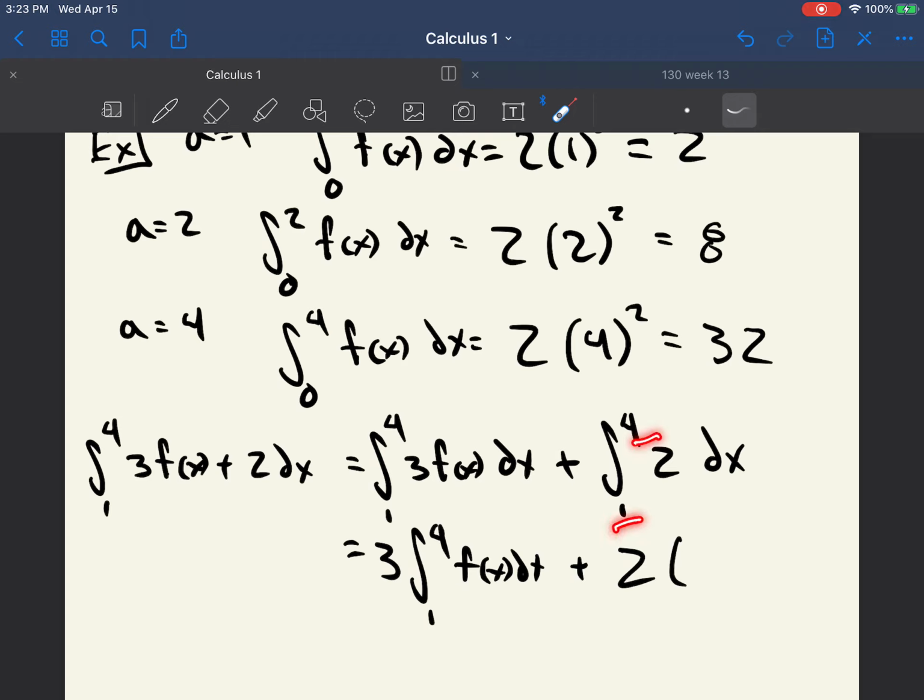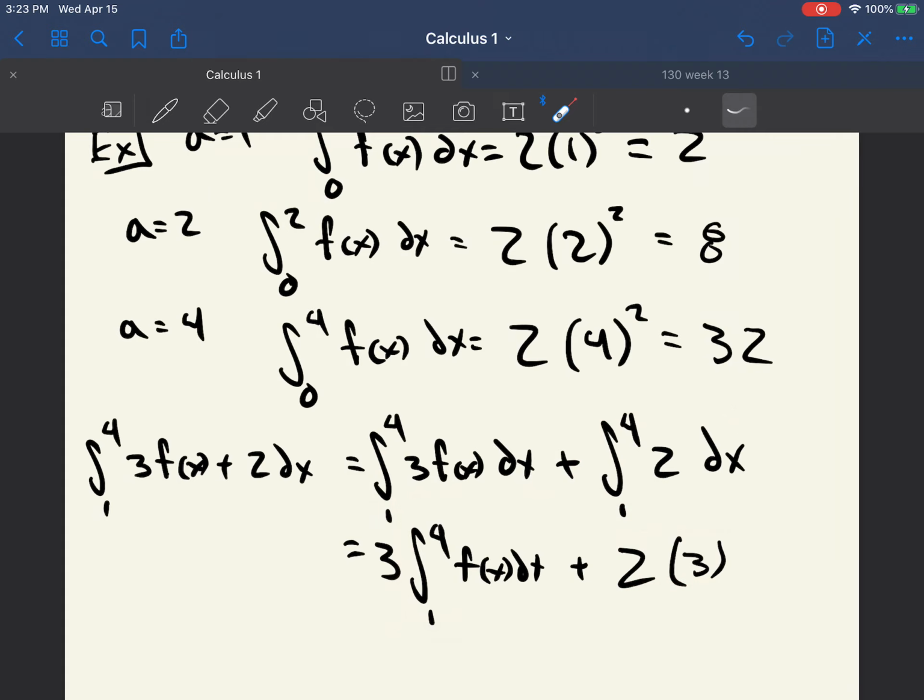So here we're integrating from 1 to 4, so the length of this interval, right, how long does it take to go from 1 to 4, should be 3, right? So the integral of a constant is just that constant times the length of the interval. Okay, so this integral is going to give us this number, right, which is 6.